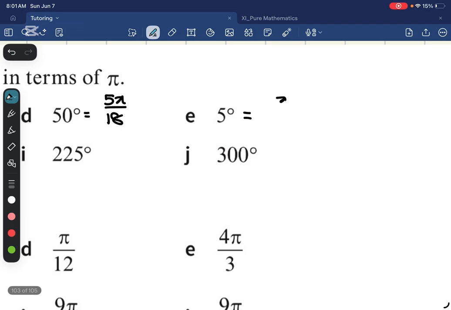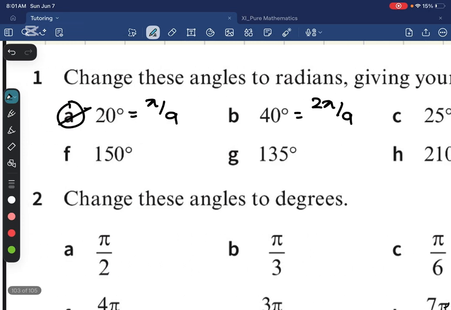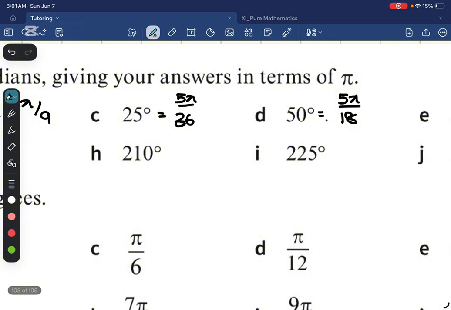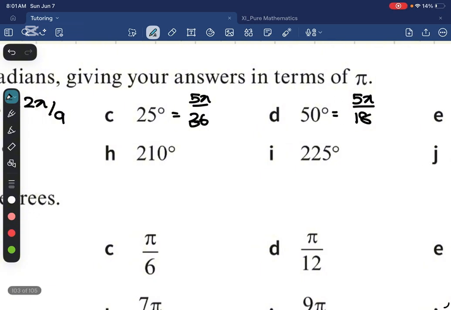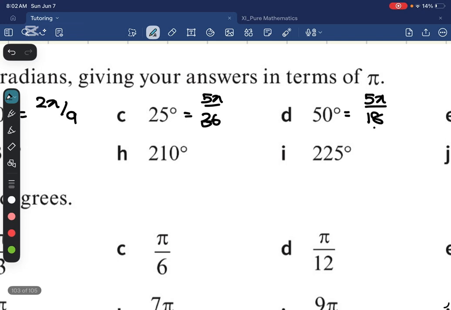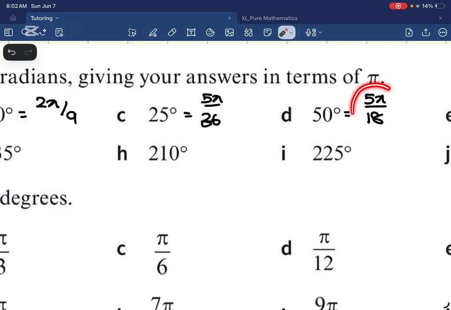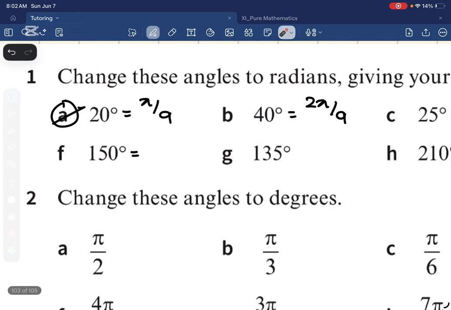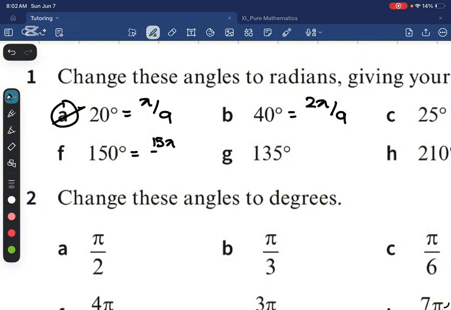So you are going to get pi over 36. If 50 degrees is this many radians, 150 degrees is just 50 times 3. So if you multiply this answer by 3, you get 15 pi over 18 radians.